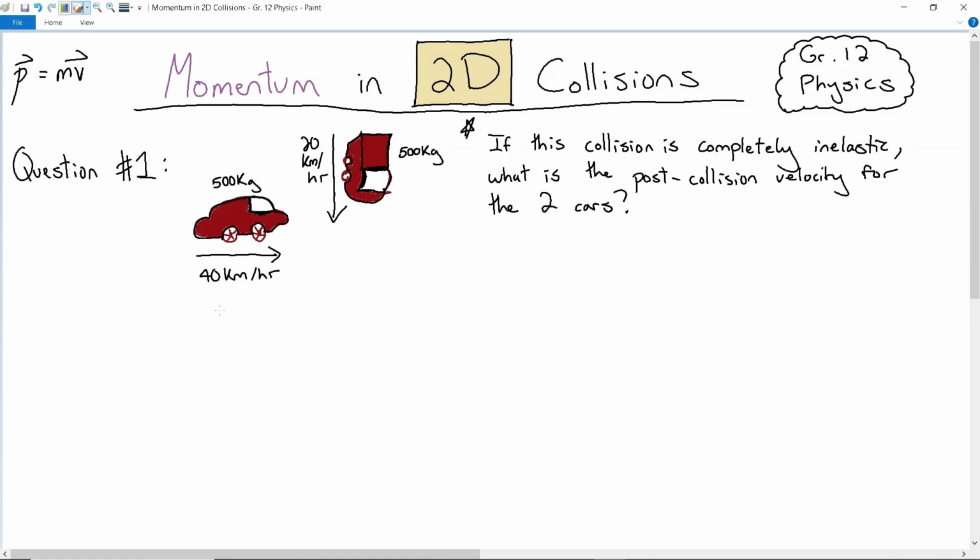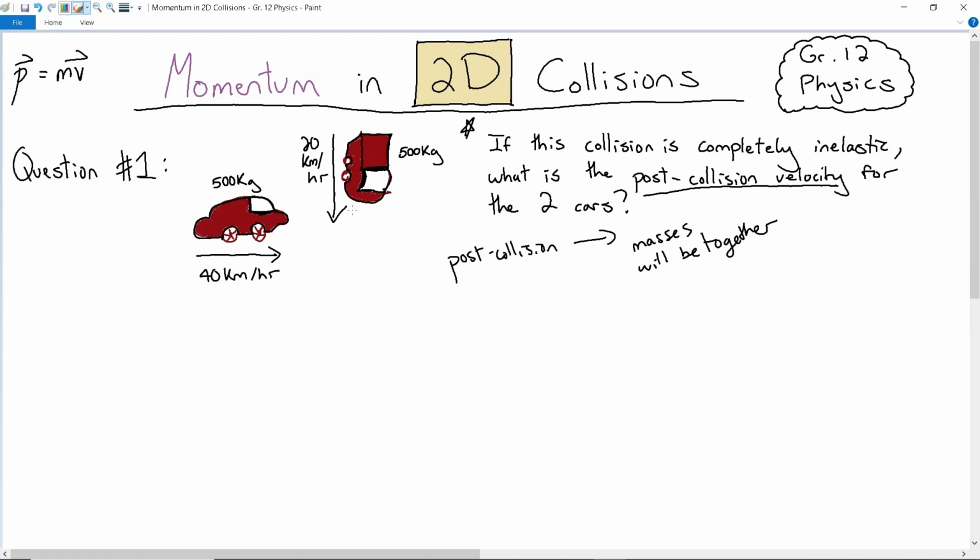Okay, it is completely inelastic, and what that means is post-collision, my masses are actually going to stick together. Meaning, I only need to solve for one post-collision velocity. So what do I mean by masses sticking together?